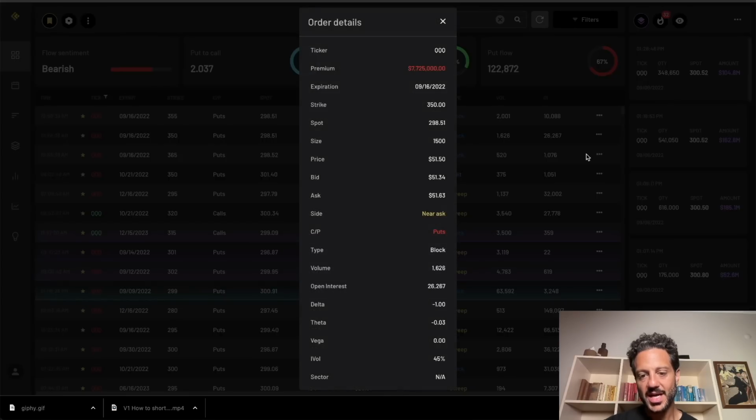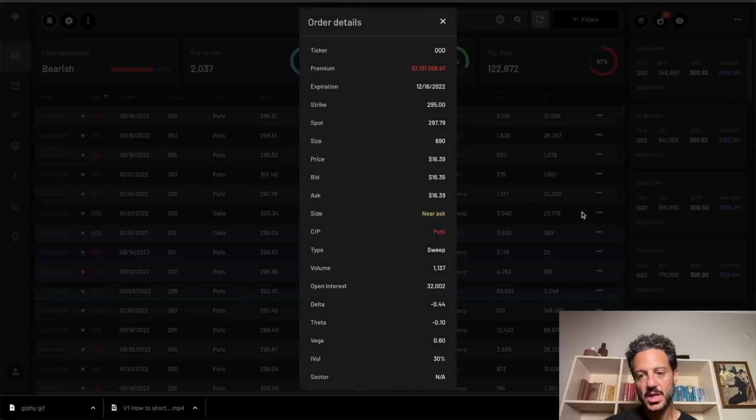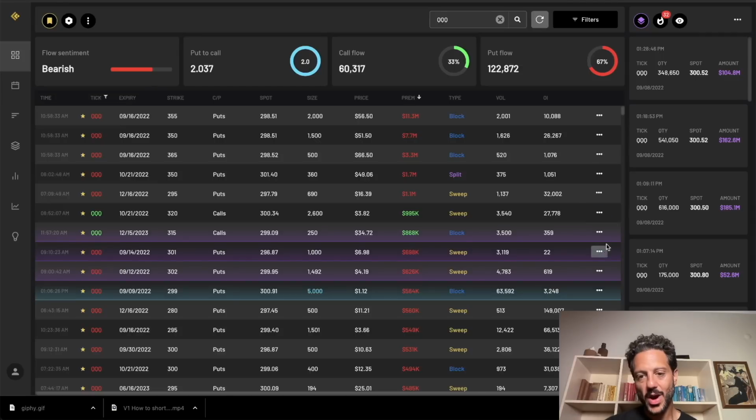Anytime you get ask price or above ask price, it means that the market makers or institutions are rapidly buying those puts because they are willing to pay ask or near ask, right? But you have these big block orders and big sweeps here on Nasdaq puts, again expiring around that September-October timeframe.